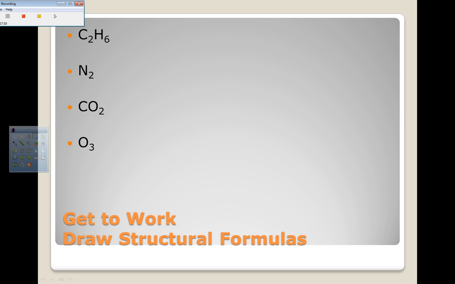Try it. Carbon has how many valence electrons? 4. Hydrogen, 1. Hydrogen always goes on the end, so the carbon's got to go in the middle. Put your carbons in the middle.